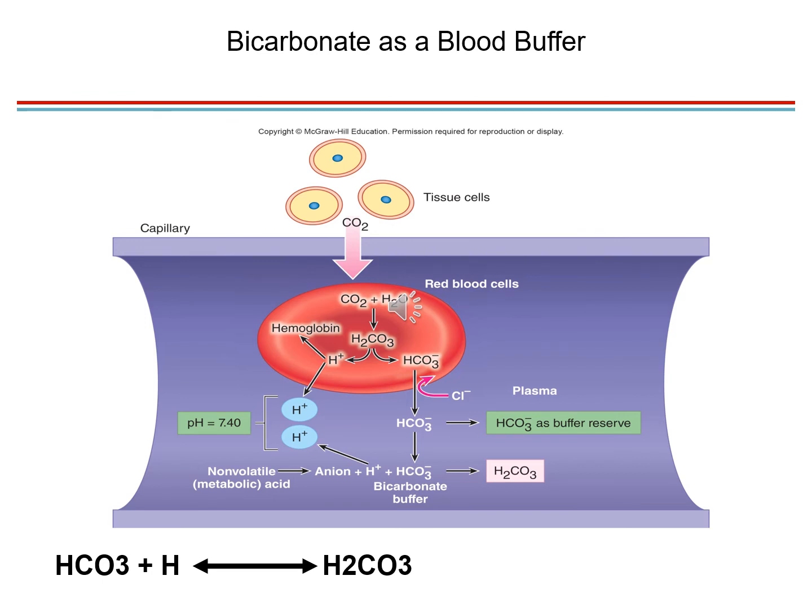Now, in this scenario, carbonic acid is releasing hydrogen in the bloodstream, and it releases hydrogen because it is converted into bicarbonate and hydrogen.